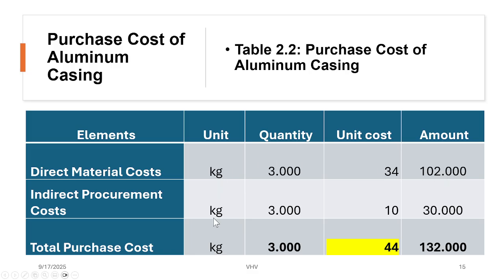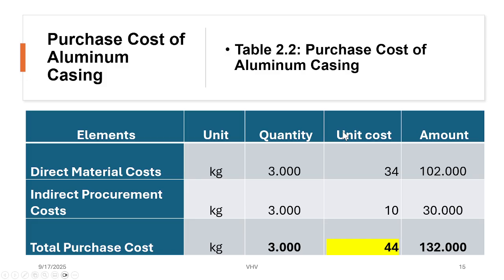We add the indirect procurement cost of 3,000 kilograms times our rate of 10 euro per kilogram, which is 30,000. This gives us the total purchase cost of 120,000 for the aluminum.